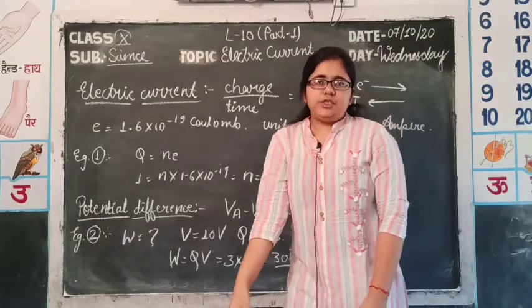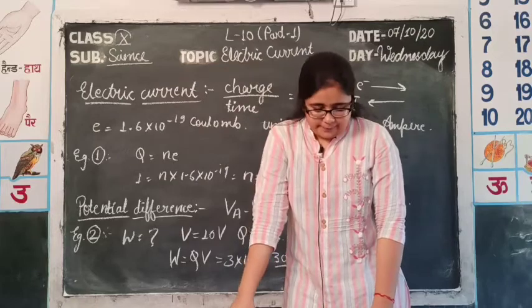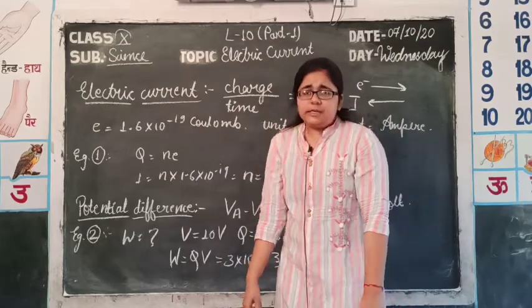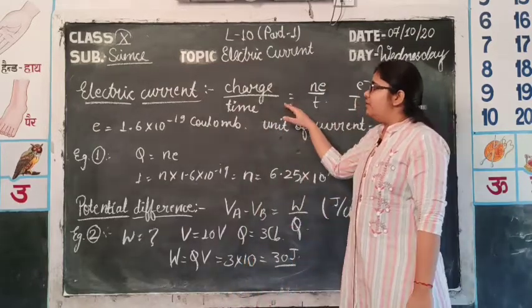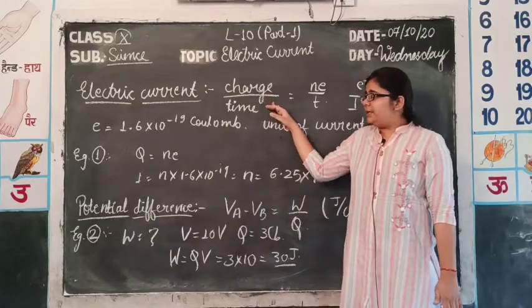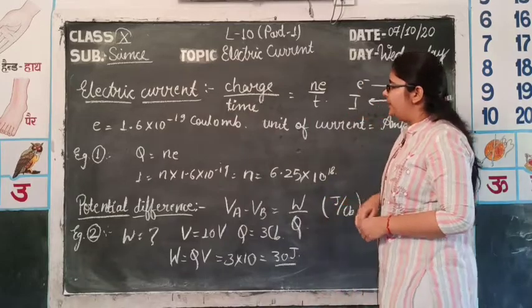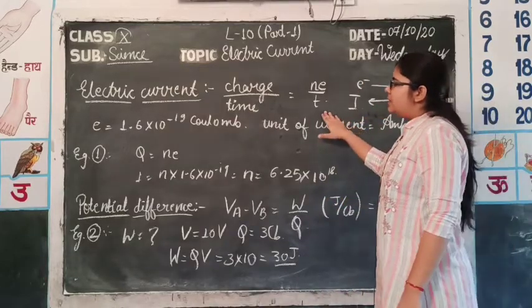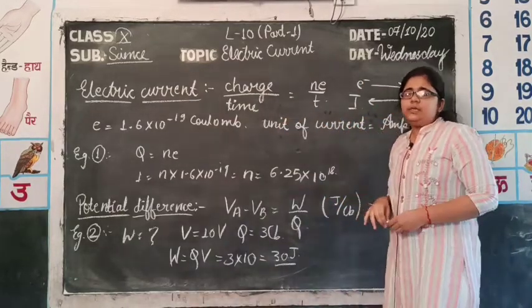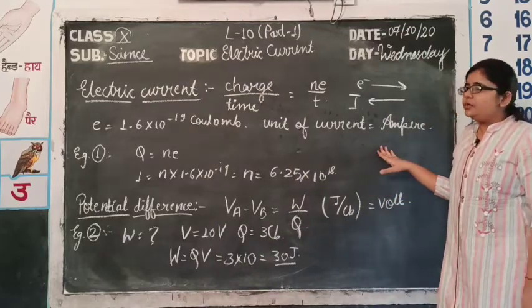Current is basically charge divided by time, that is, in a circuit the amount of charge flowing in a given time period is known as electric current. So, the formula of current will be charge per unit time. Now, charge is the total electrons flowing at a particular time.